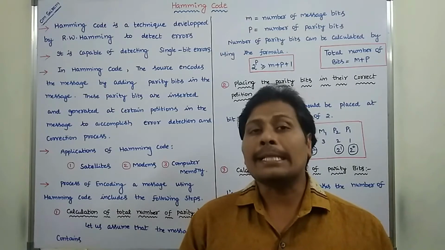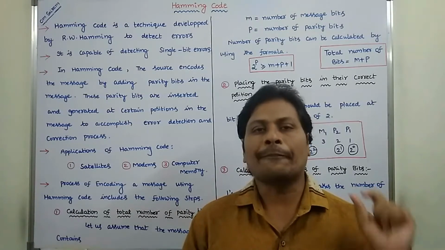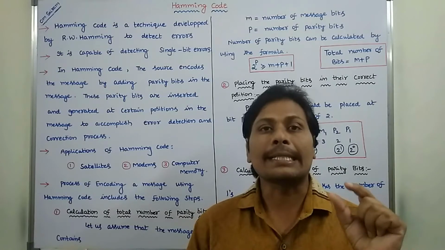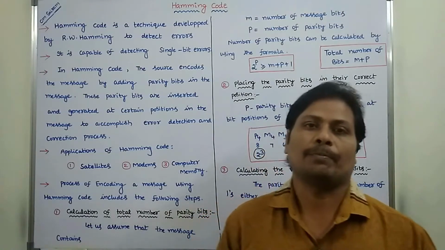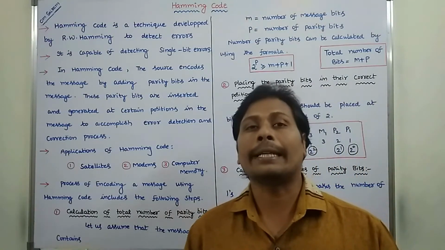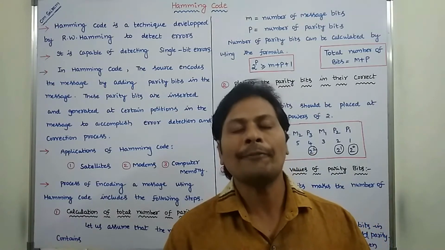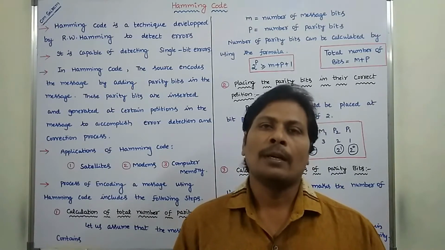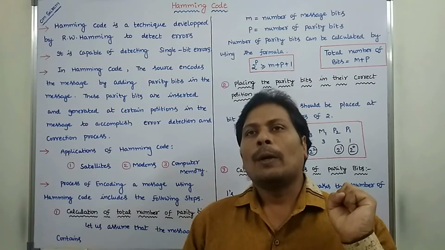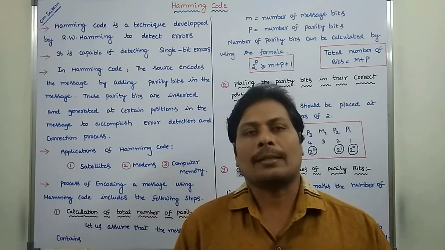Hamming code is mainly used for detecting single bit errors. It cannot detect multiple errors. Suppose we take a message.